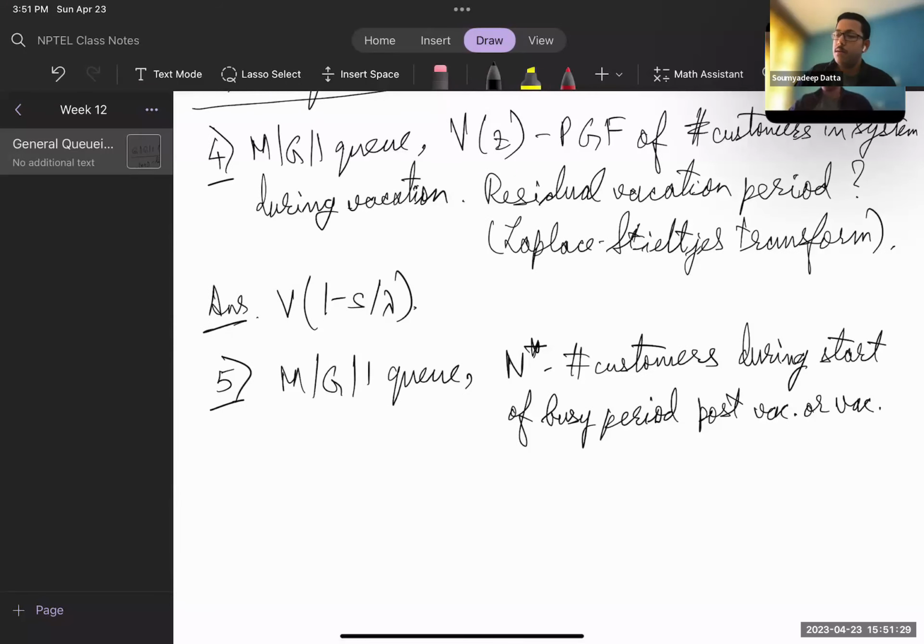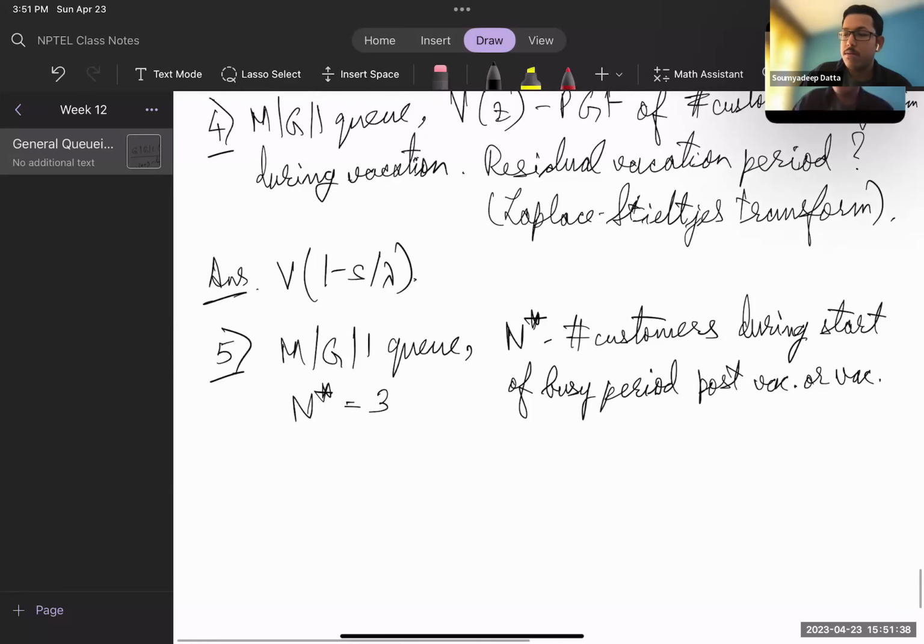And let us say we are told that N star is equal to 3, right?